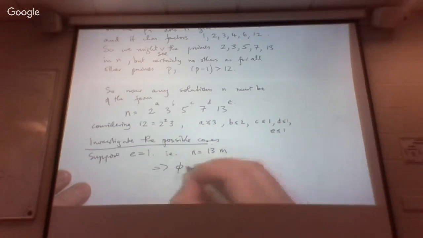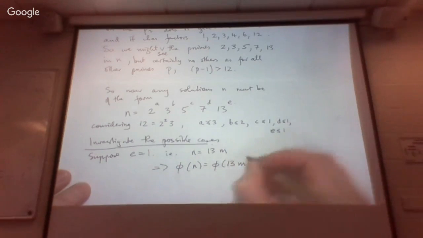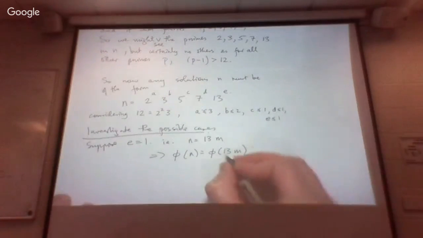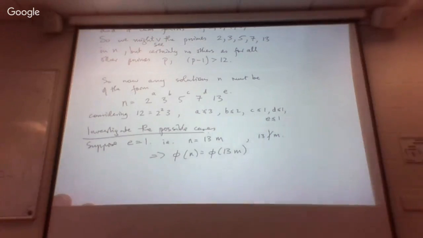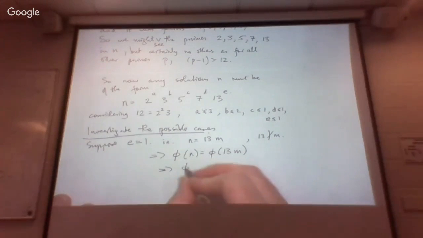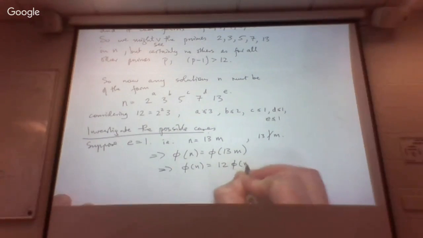That would imply that the value of phi of n would be phi of 13 times phi of m. But of course, m and 13 are co-prime. 13 does not divide m. So that implies that phi of n is equal to 12 times phi of m.